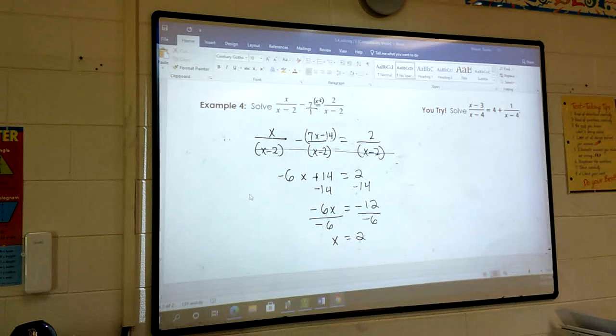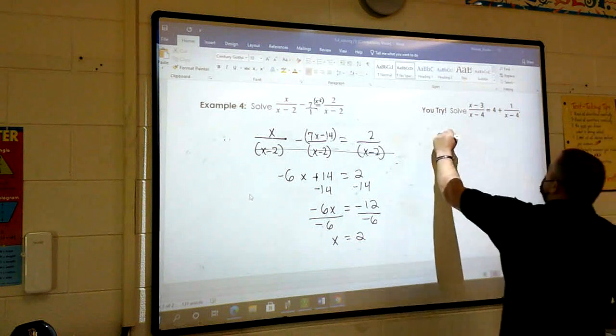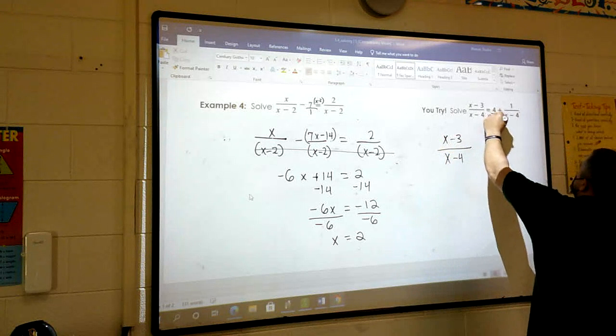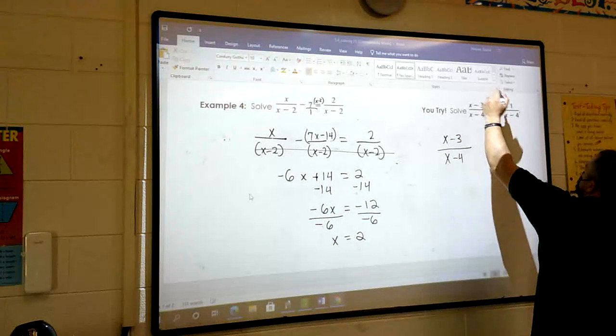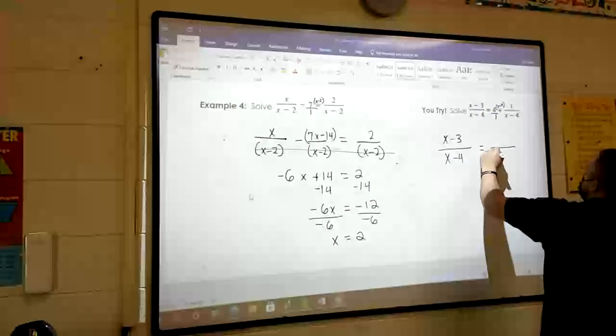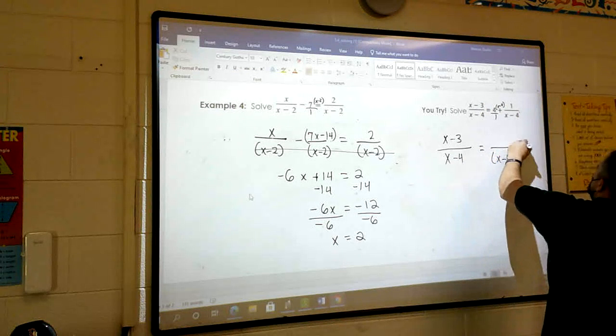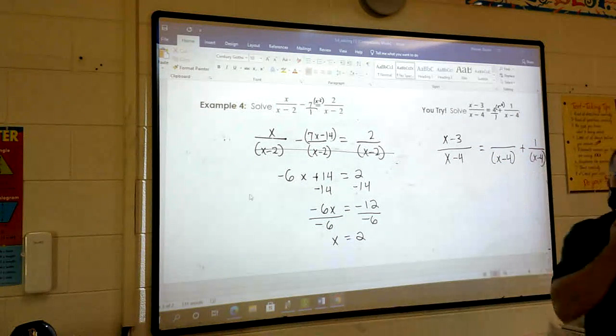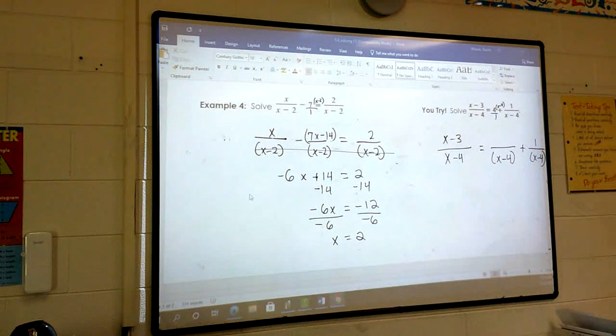So this last one that I'm going to let you try, you're doing the same thing. You have to multiply the 4 by x minus 4. What it's missing. Multiply that 4 by x minus 4, and then cancel out the bottom and solve for x.